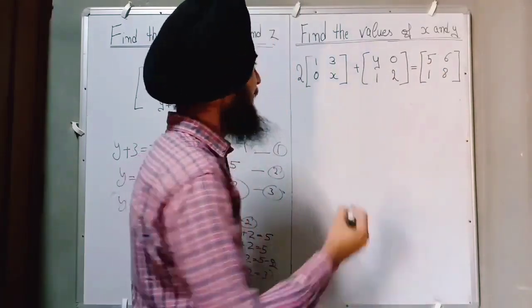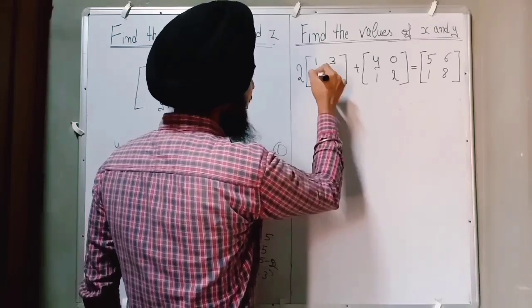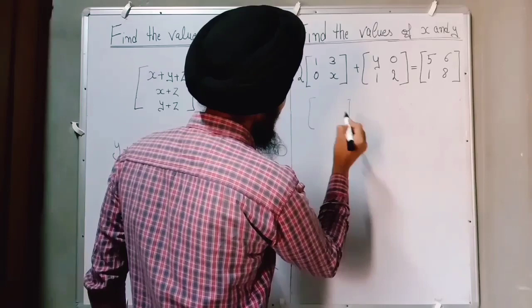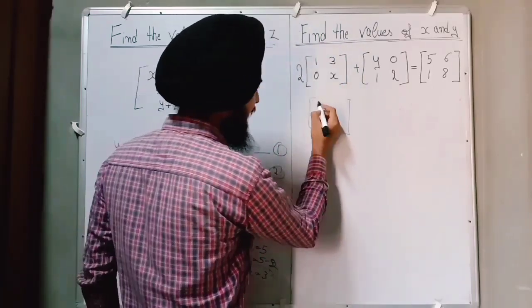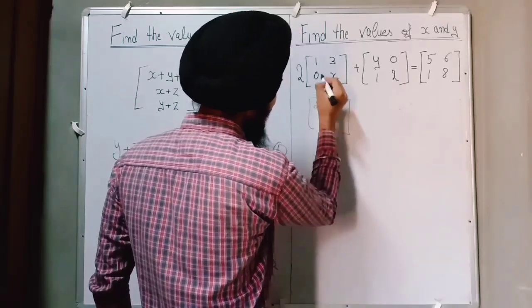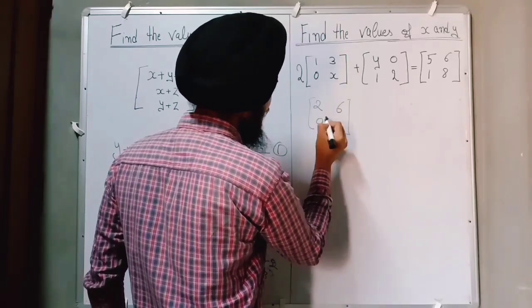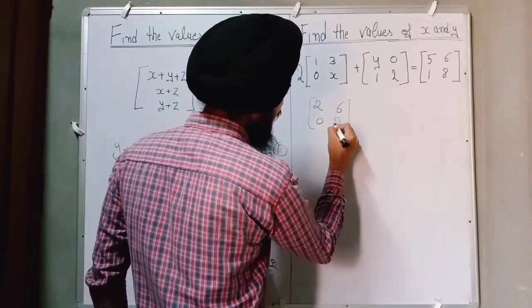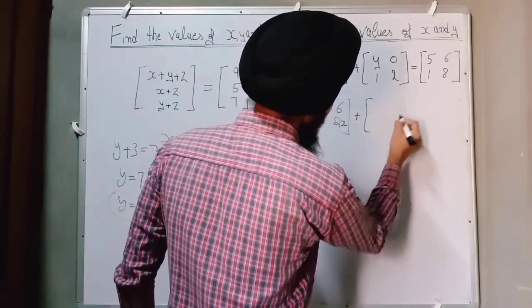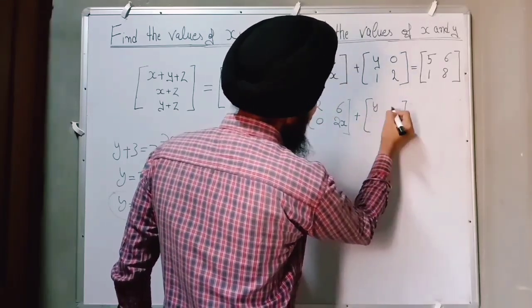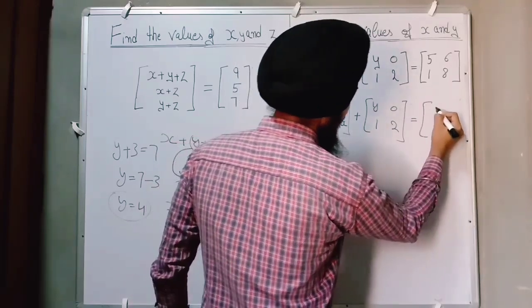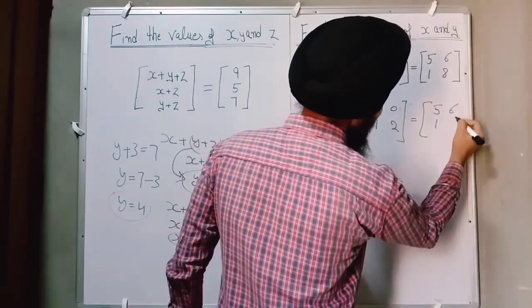First of all, multiply these two matrices, element by element. 2 multiply 1 is equal to 2. 2 multiply 3 is equal to 6. 2 multiply by 0 is equal to 0. 2 multiply by x is equal to 2x. Plus y 0 1 2 is equal to 5 1 6 8.